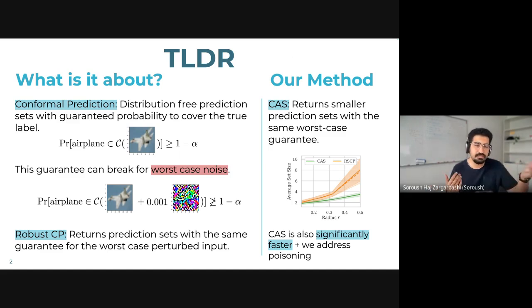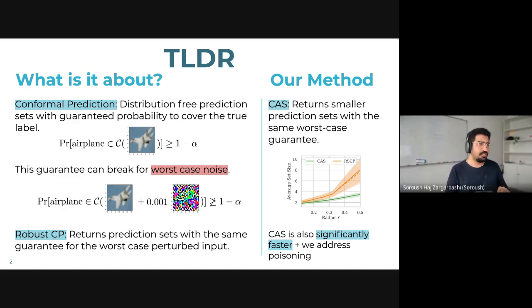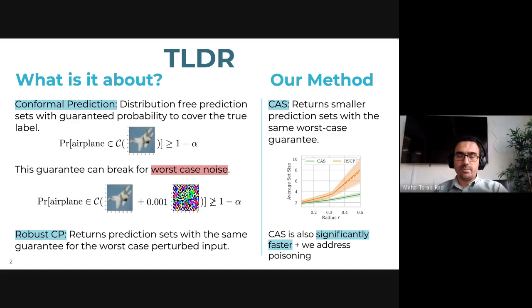So the probability that we have now, this is a technical thing, but maybe I can put it clearly, is over the calibration data and the test data. But in those methods, the probability would be over the calibration data, test data, and the noise. Okay. Now, this method basically doesn't care about the noise. It works for any bounded worst-case noise. Okay, all right, thank you.